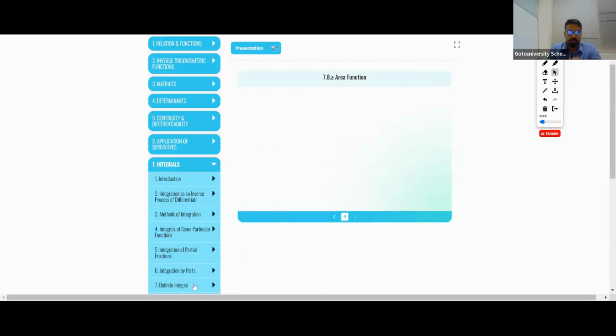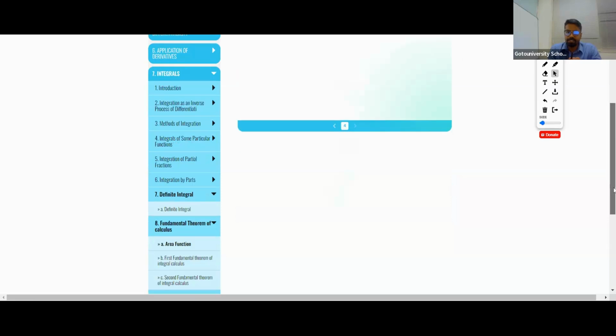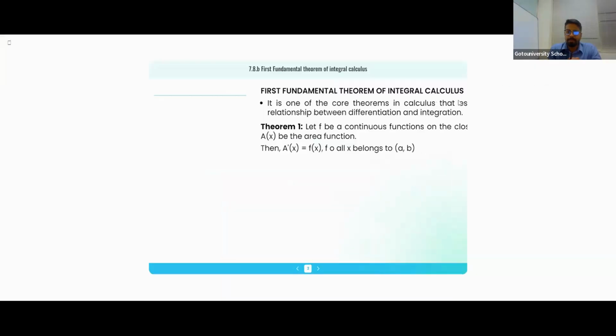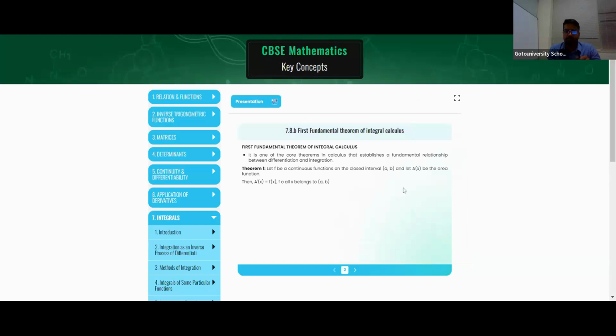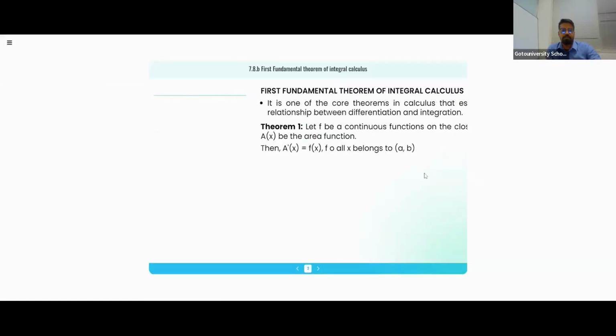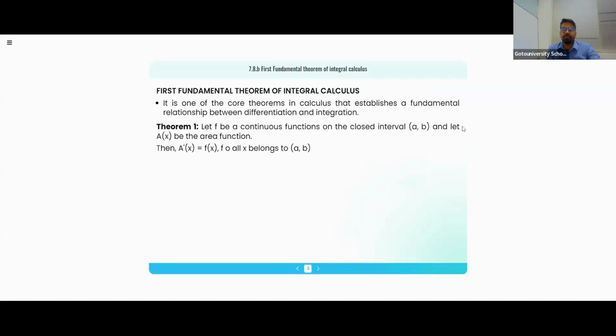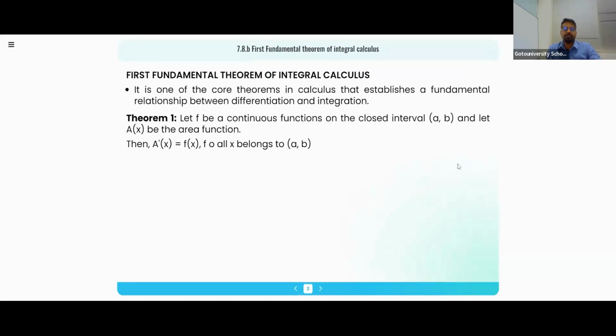Now under definite integrals, we have the second theorem. What does it say? The theorem says, let f be a continuous function on the closed interval a to b.